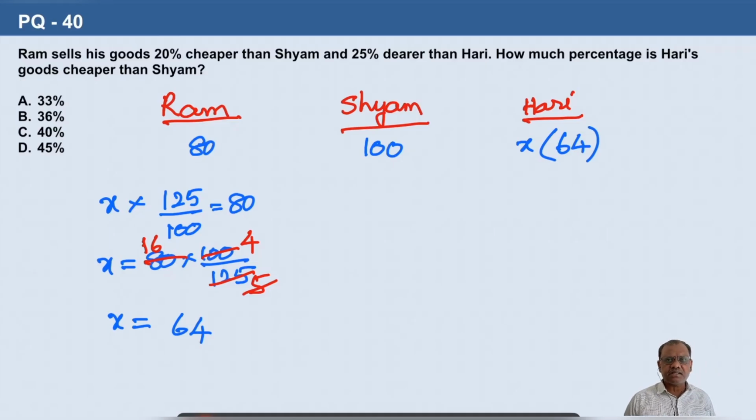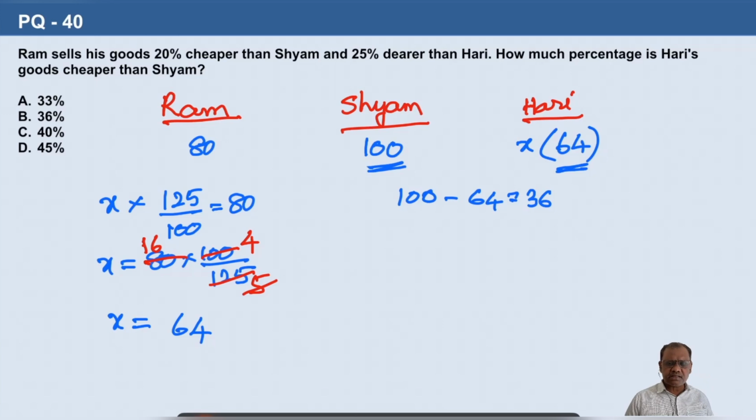So the question is, how much percentage is Hari's goods cheaper than Shyam? So Shyam is 100 and Hari is 64. So the difference is 36. 100 minus 64 is 36.